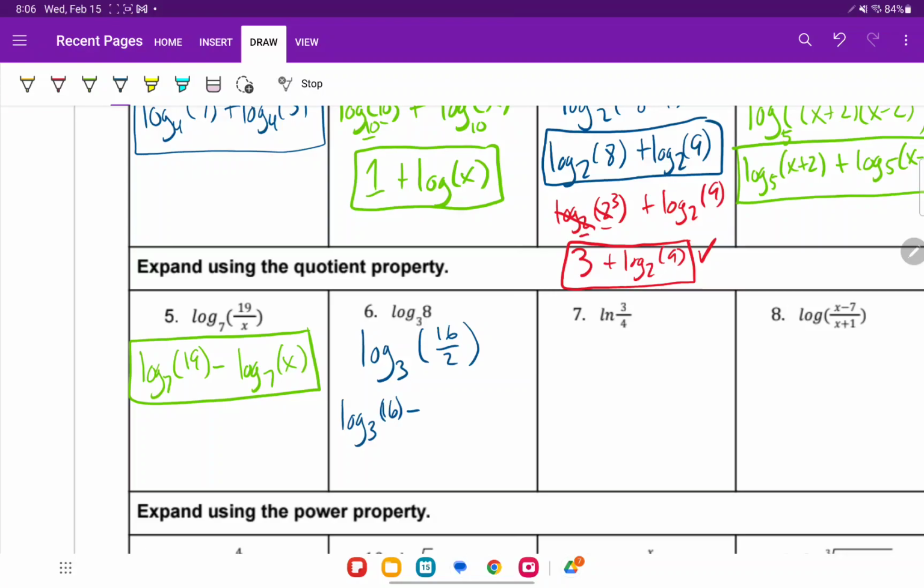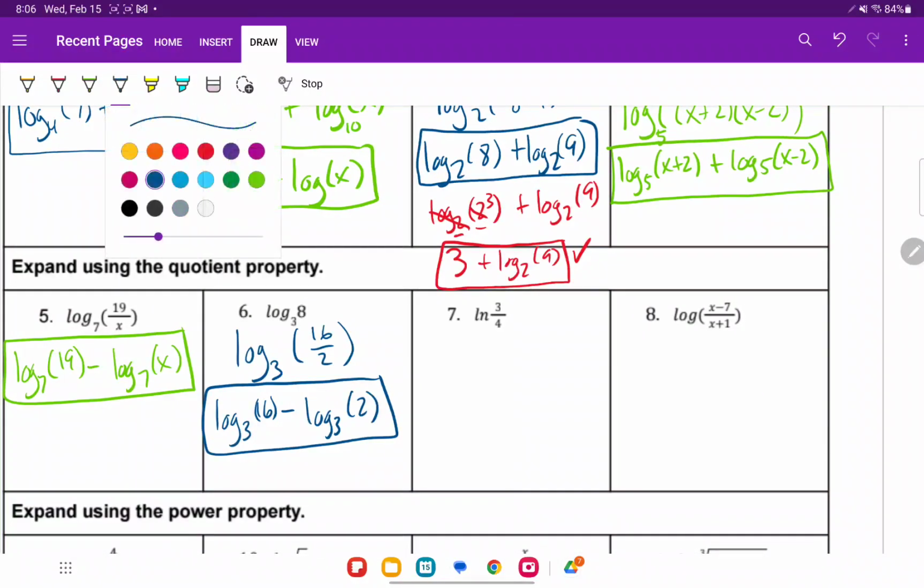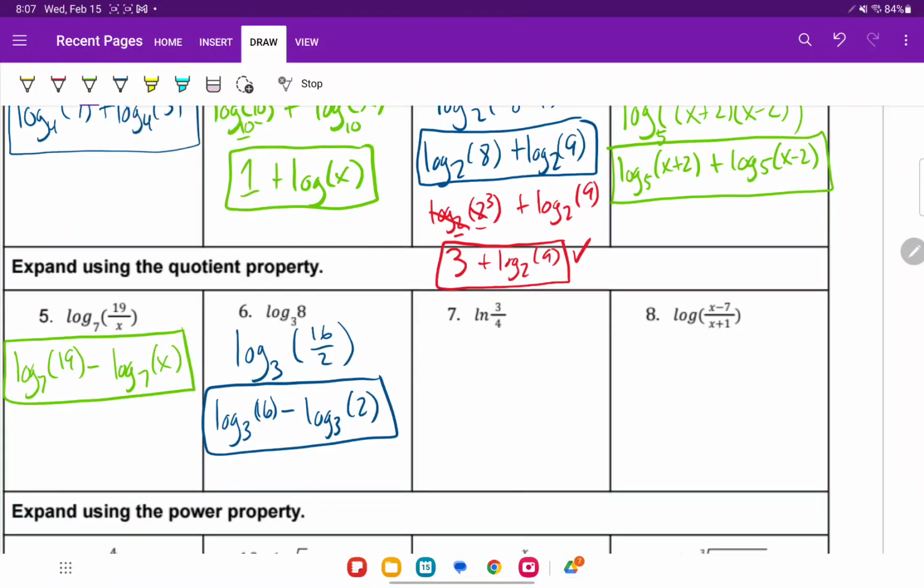And here we subtract the bottom, log base 3 of 2. So that's how you expand that there. For number 7, same thing. So we have ln. Okay, so ln log, you're still going to expand it. On the top is going to be ln of 3. And we're going to subtract the bottom part, which becomes ln of 4.